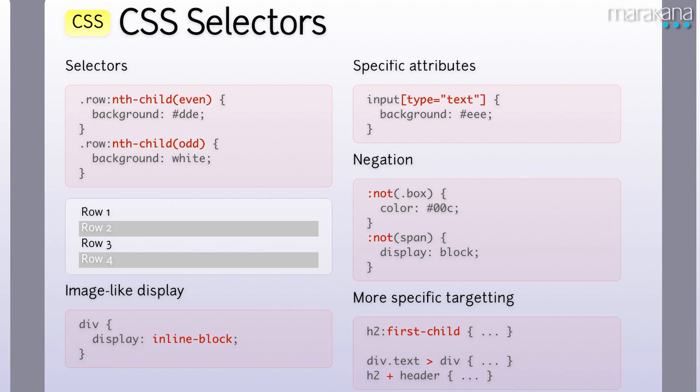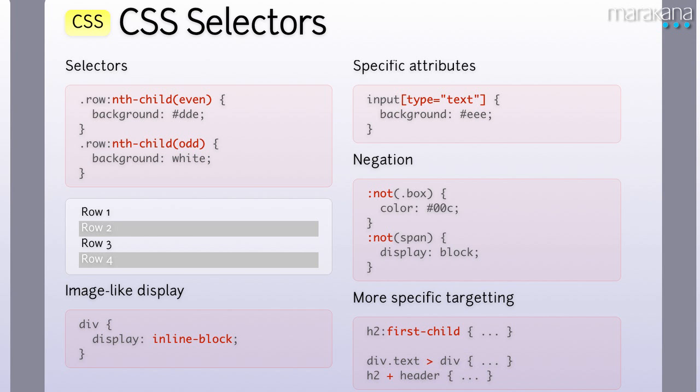Inline block kind of gives you a midway between a block level element and an inline level element. Kind of gives you qualities of both. And I encourage you to take a look more at it. We don't have time to go deep into it, but it's one of these CSS properties that allows you to do tasks that really used to require tables in a straightforward way. And you'll see that when we get to columns, by the way, as well.